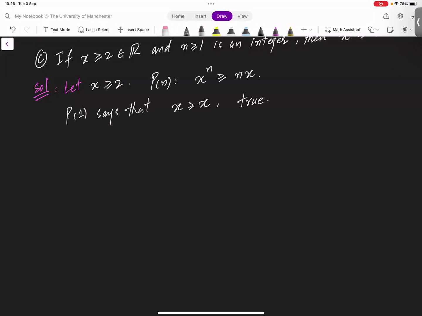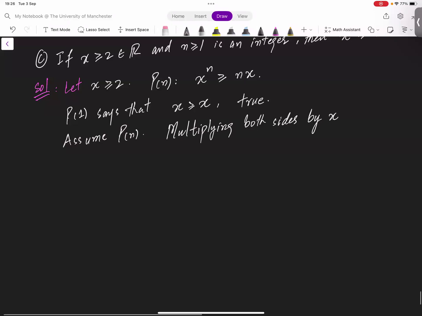Then assume P of n, and multiplying both sides by x, we have x power n plus 1 is greater than or equal to n x square.